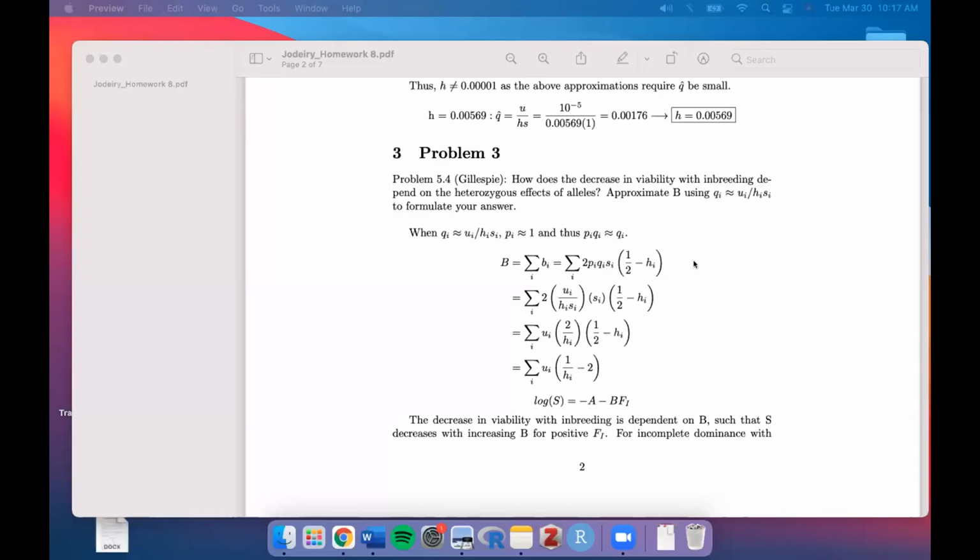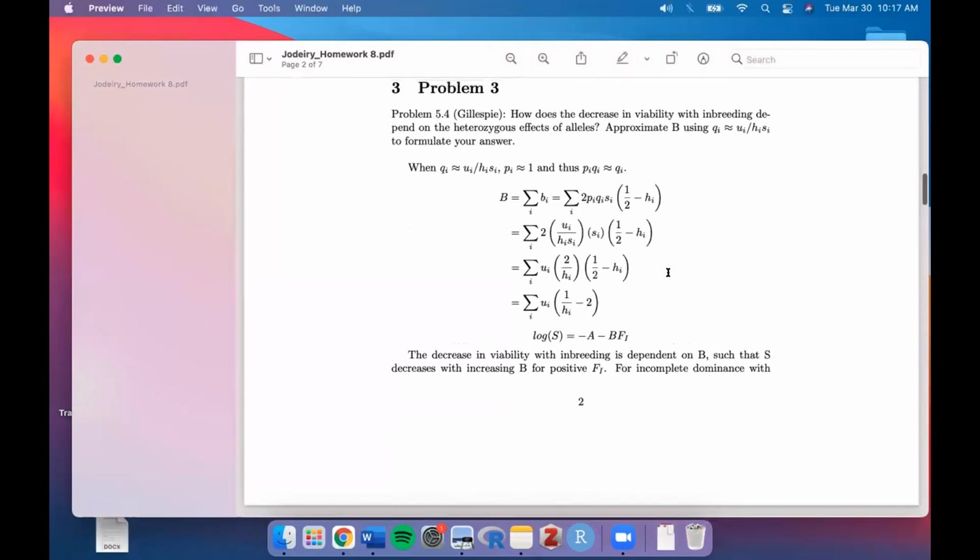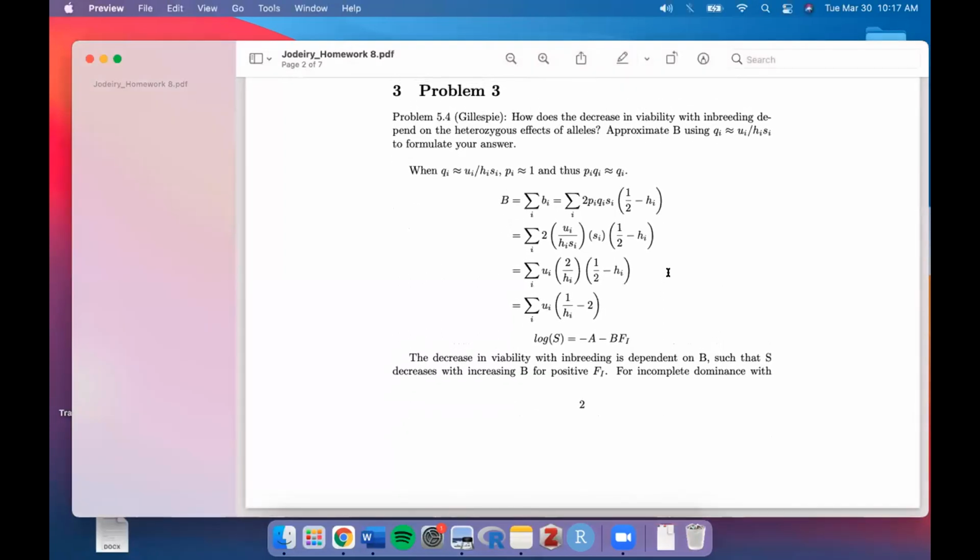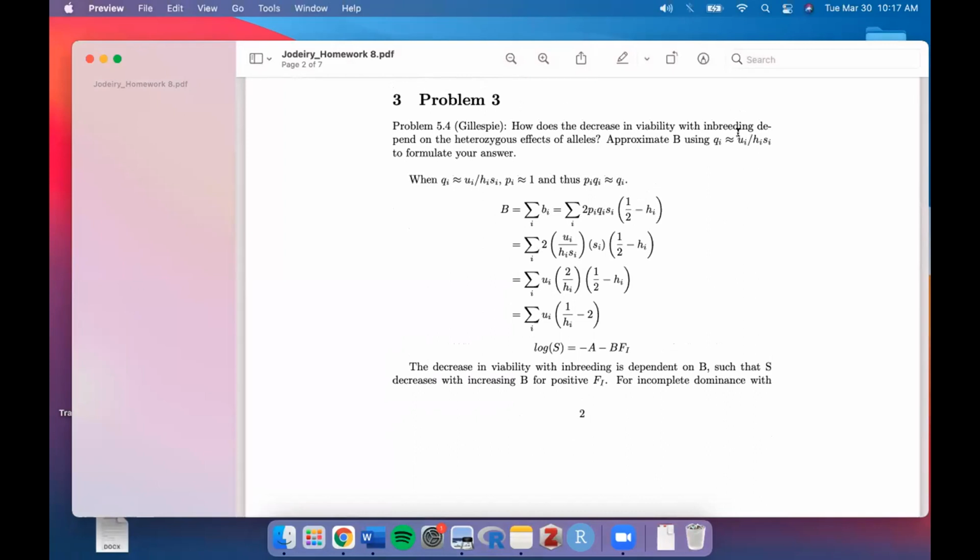I wasn't super sure about this, but essentially here I approximated large B, like the question says, using Q_i is approximately U_i over H_i S_i.